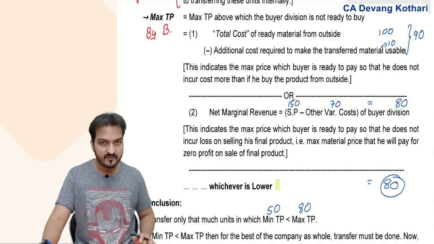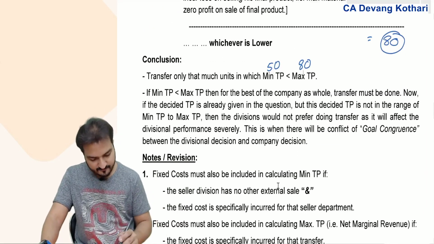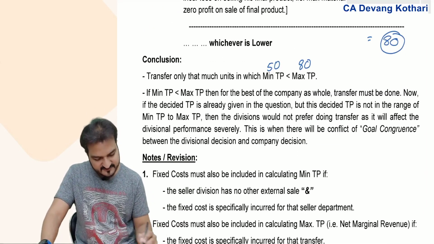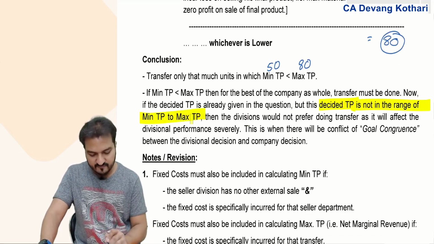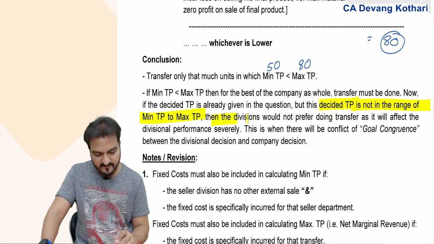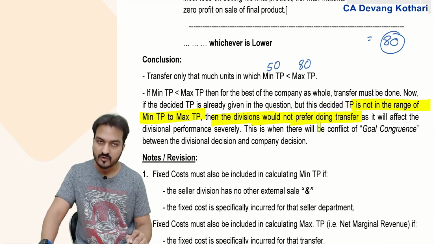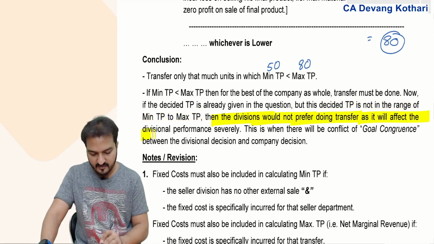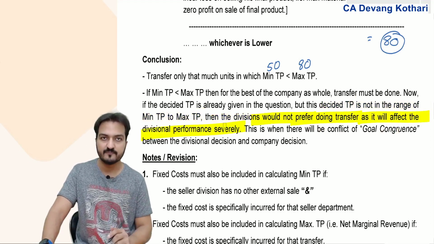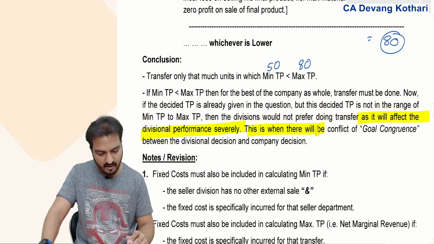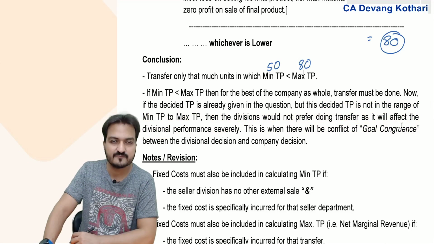In short, if the decided TP is not in the range of minimum to maximum, then the division will not prefer doing the transfer, as it will affect the divisional performance severely. This is when there will be a conflict of goal congruence.